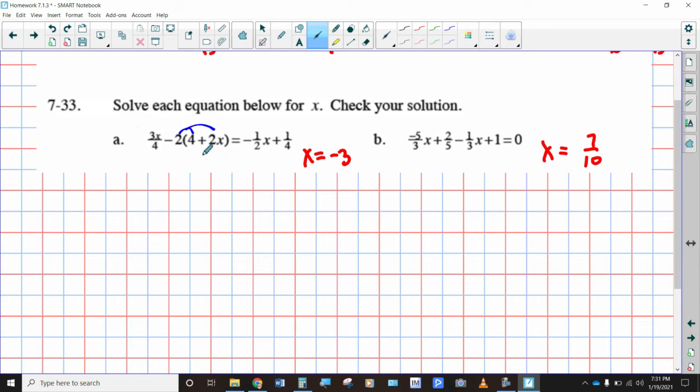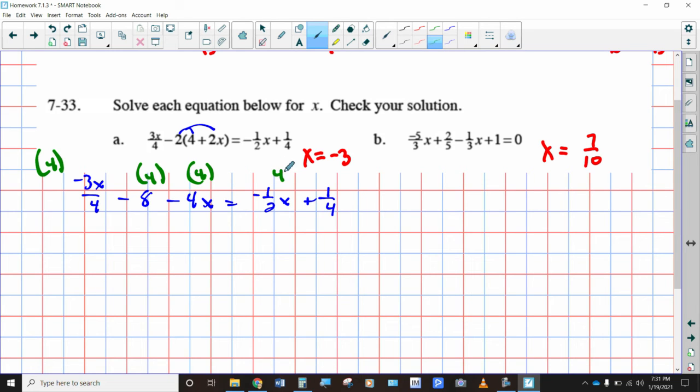I'm going to do the distributive property first and make this 3x over 4 minus 8 minus 4x is equal to -1/2 of x plus 1/4. All right, so now let's multiply everything here times 4. This one times 4, this times 4, this times 4, this times 4, and this times 4. Every single individual term has to be multiplied times 4.